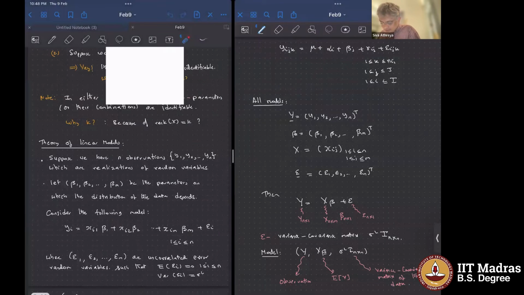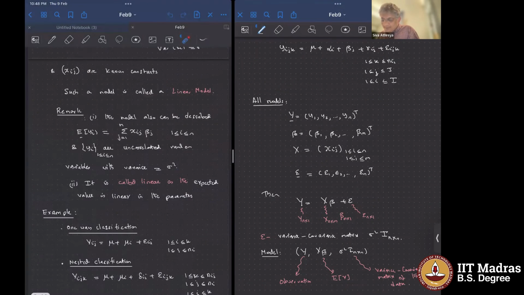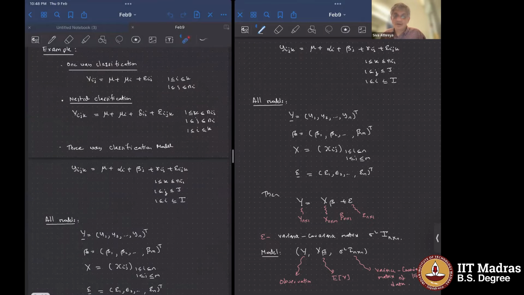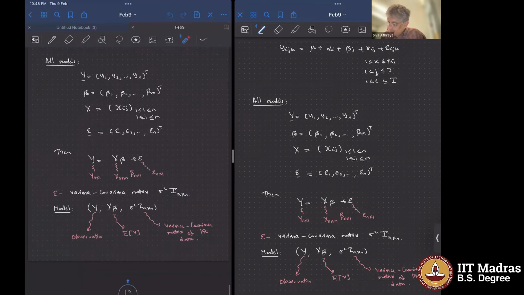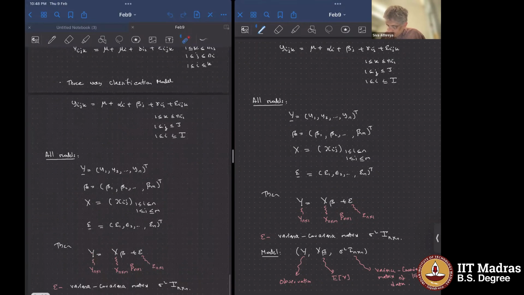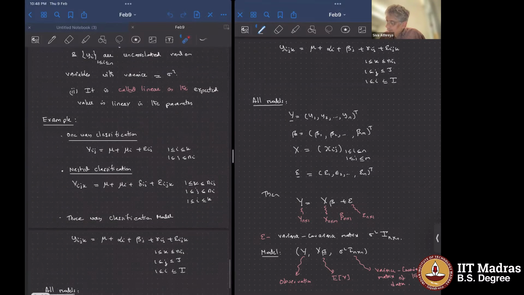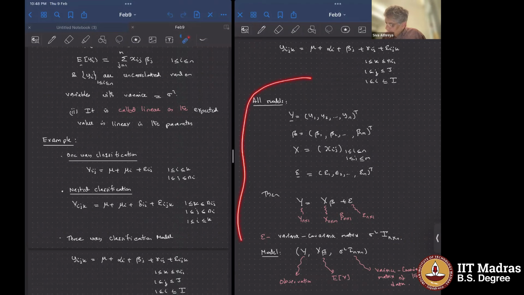Very nice. So the examples I discussed: the one-way classification model, the two-way classification model, and the three-way classification model, all these are part of the linear model setup that I discussed above. All models can be represented by this form: y is equal to X beta plus epsilon, where X is some suitable matrix with known constants, beta the parameter set, and epsilon the error.